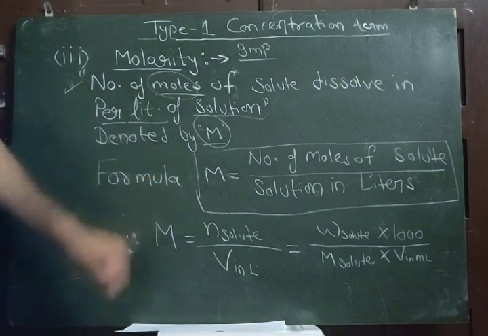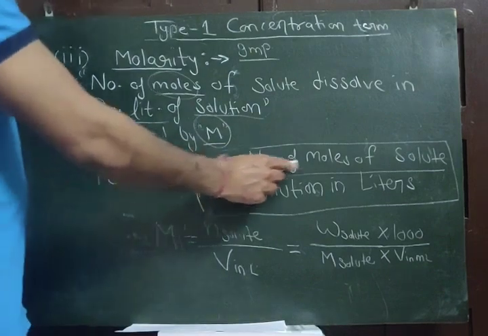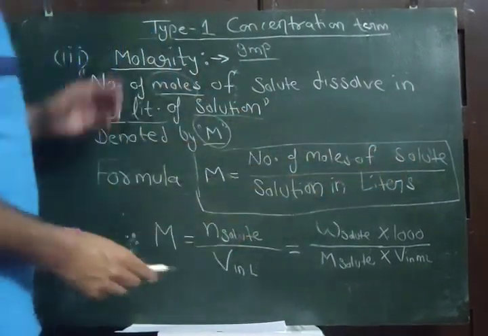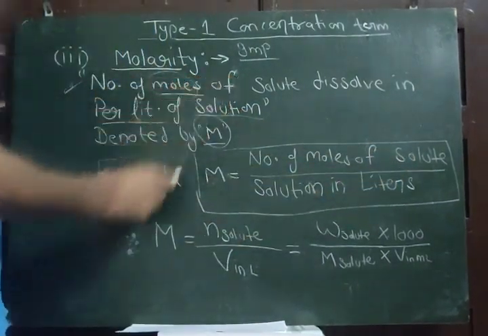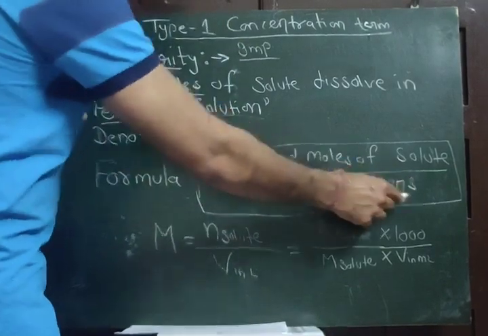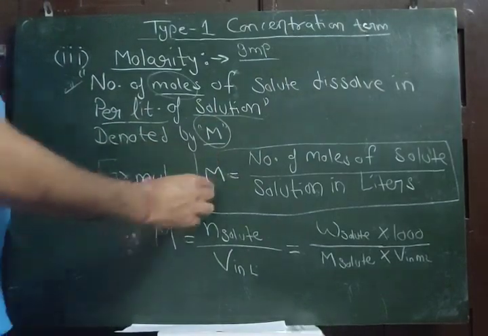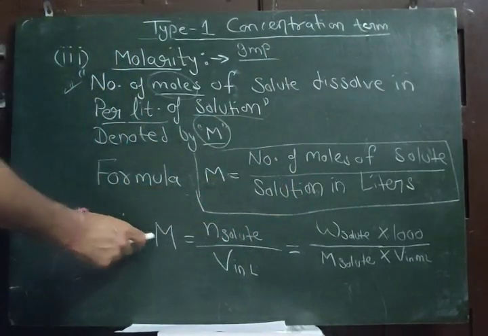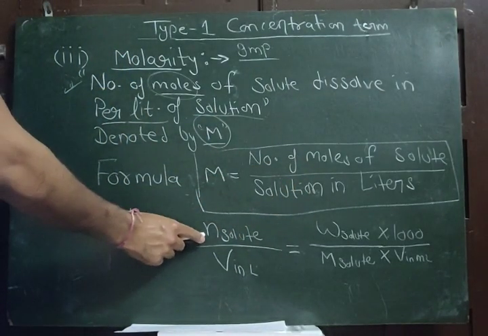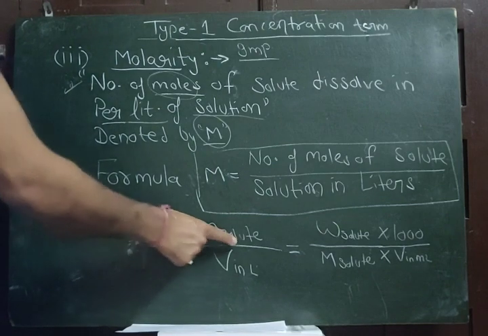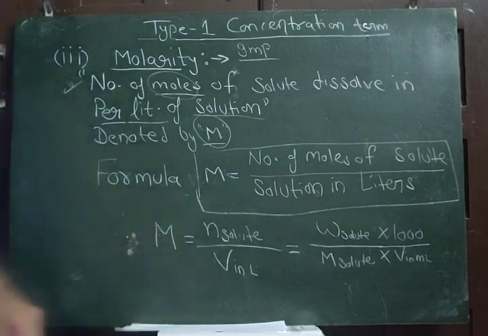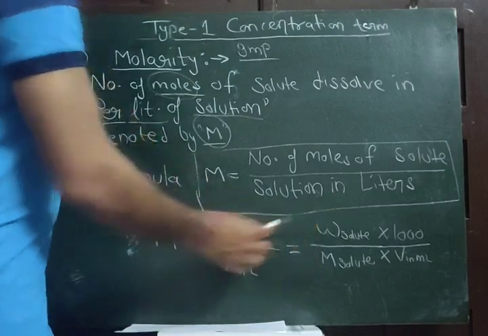The formula of molarity will be the number of moles of solute dissolved per liter of solution. So M equals the number of moles of solute, denoted by n solute, divided by volume of solution in liters.